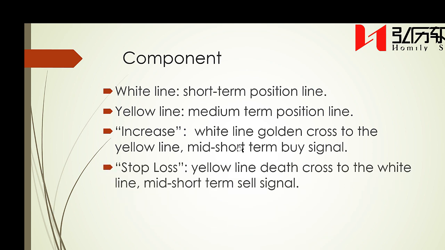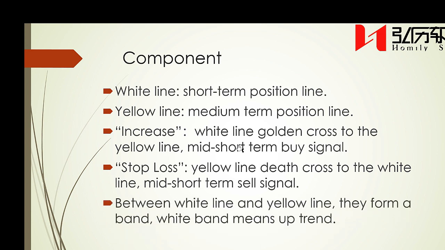And then the next one is when the yellow line crosses the white line, that is a downward penetration of the white line. So this is the mid-short-term sell point. It will show us a stop loss signal.